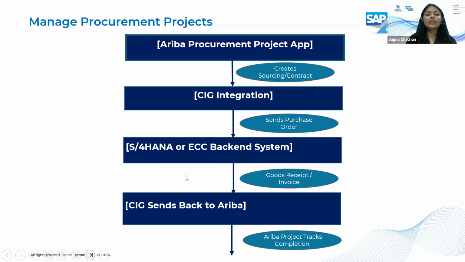After that, if anything is generated in your S/4 system or your ECC system, in your backend system, CIG sends data back. The first thing I will explain is the Ariba procurement project. Here the user generally creates the procurement project in SAP Ariba, as we also create using my project name.